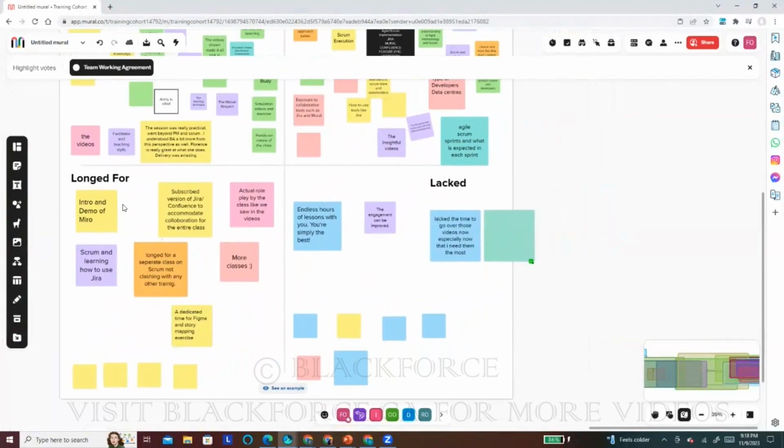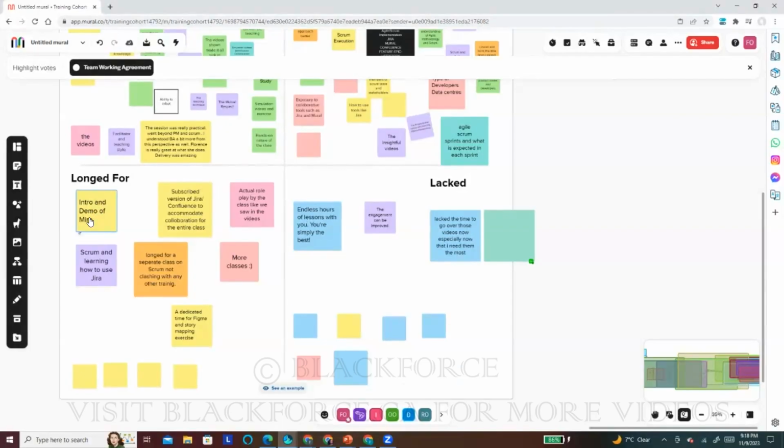So under the longed for, there was something saying introduction and demo of Miro, right? Guys, Miro and Mural are the same thing. I've told you, if the organization uses Miro, it's the same feeling, no difference, exactly like Mural. But okay, the only thing I can do is maybe in the next class I can just introduce Miro, because Miro, Mural, the same thing.